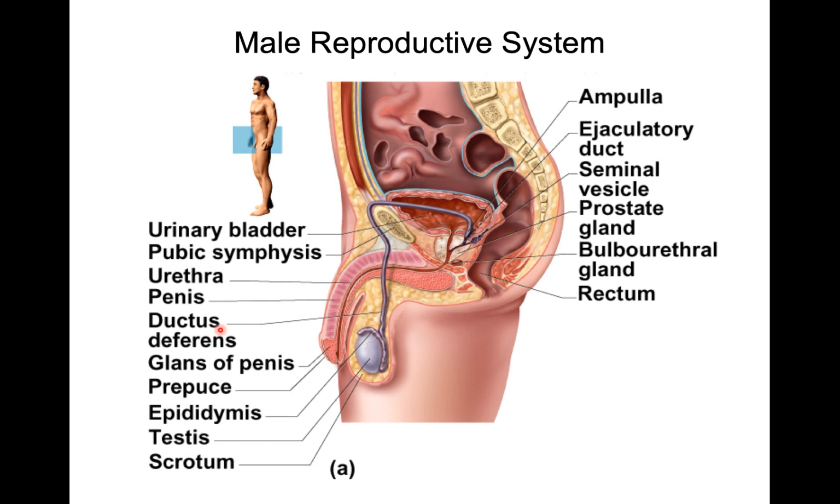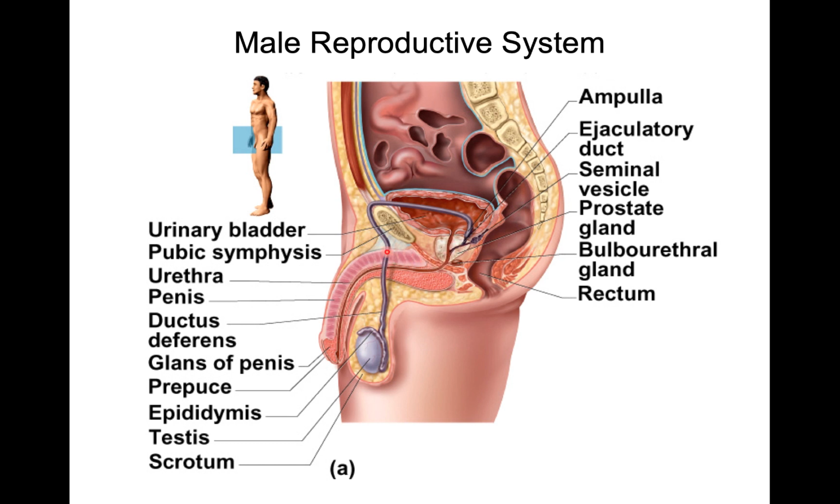It is also termed the vas deferens, V-A-S deferens. So the vas deferens goes up and around, turns into the ejaculatory duct right here, and that converges into the urethra and out the penis.